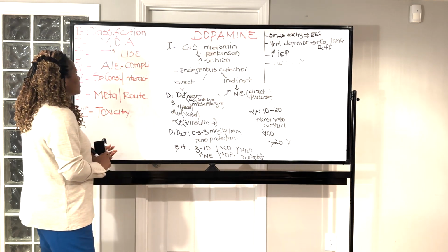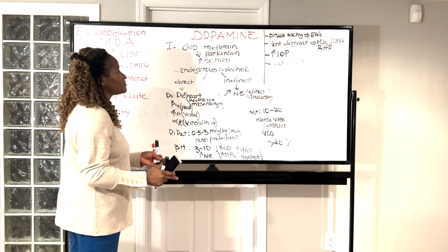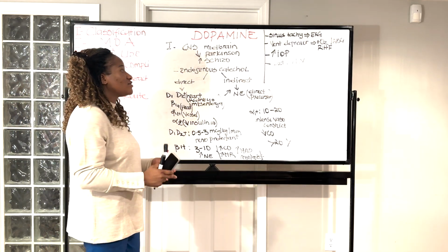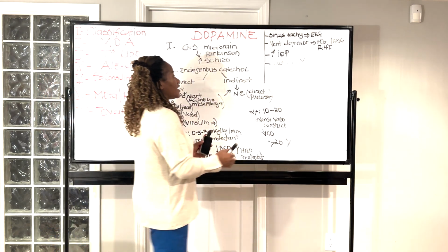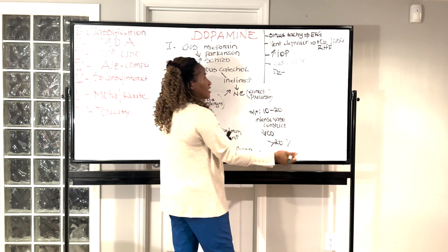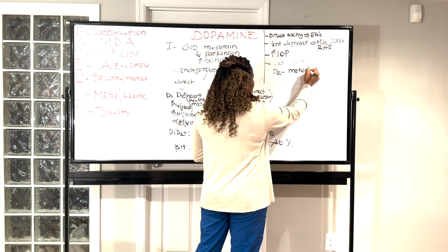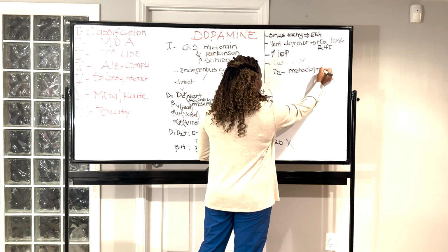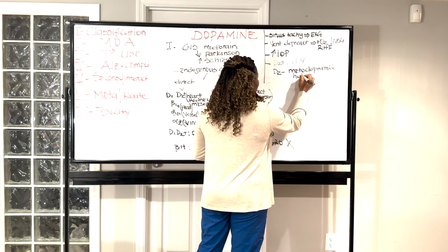Now, the special consideration, like I said before: right heart failure, increased intraocular pressure, and the drugs that act as dopamine antagonists. We have drugs like metoclopramide, and we also have haloperidol.